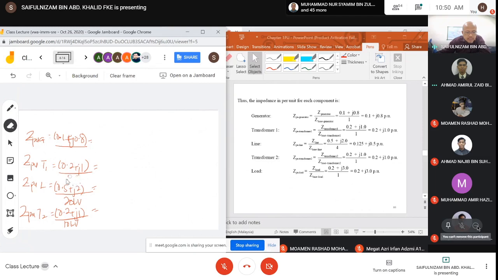Not the base voltage, the base impedance. So to calculate the per unit impedance, before that, find the Z base. Z base 1.